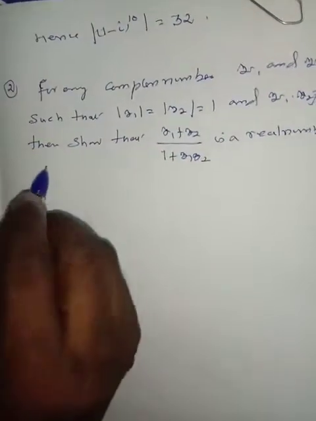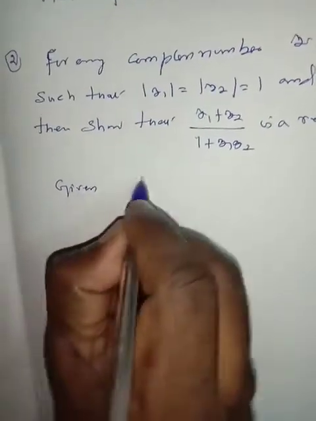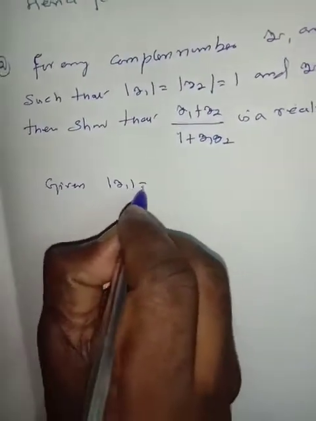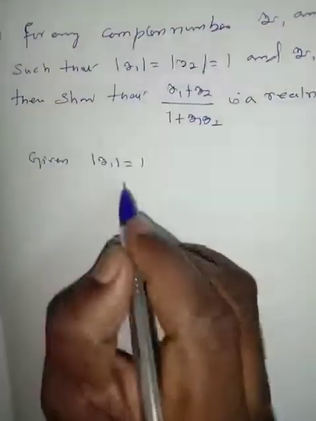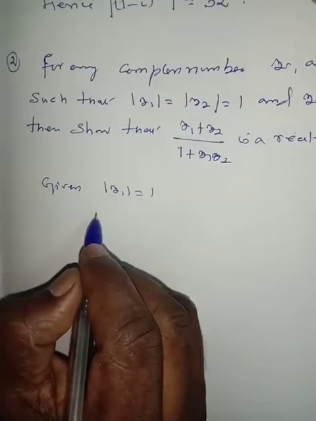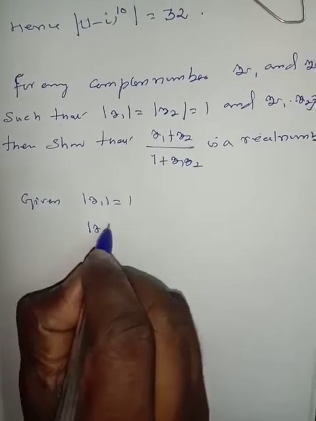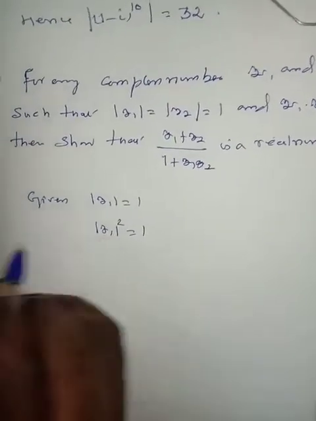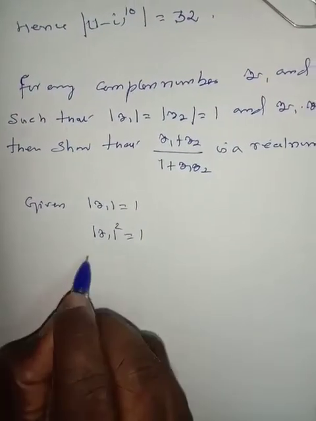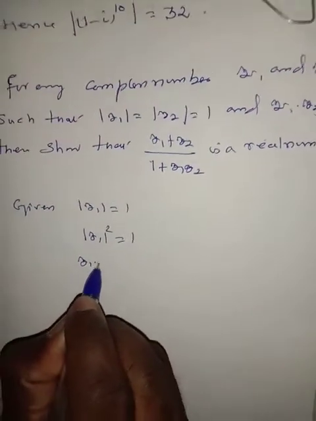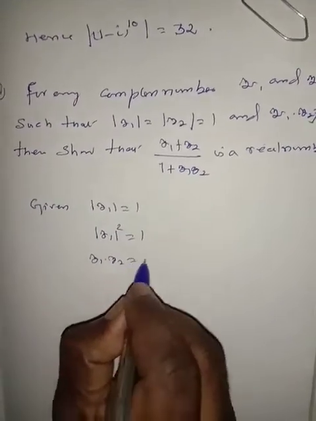Therefore, given mod Z1 is equal to 1, squaring on both sides we get mod Z1 whole square is equal to 1.